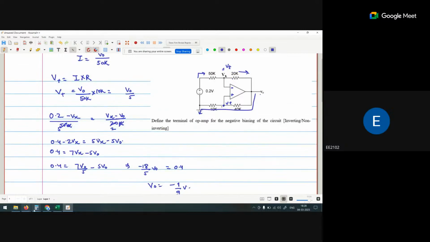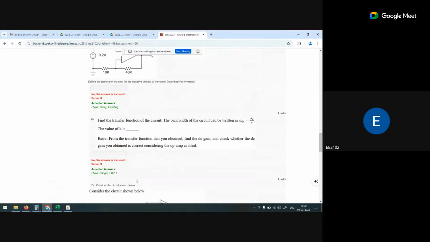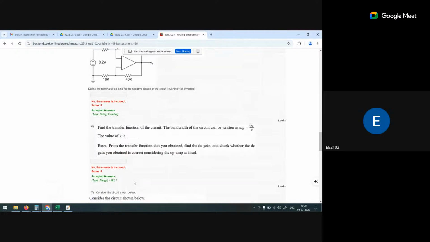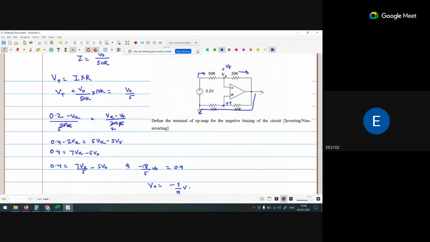Now what we have to identify in our question is: the bandwidth of the circuit is written as omega u by k. For the bandwidth, we require the Vx voltage.